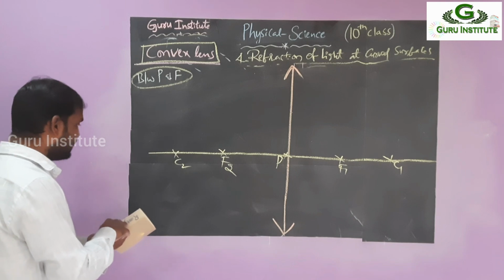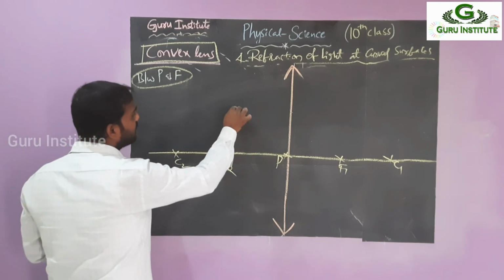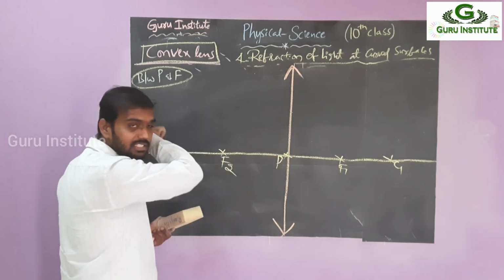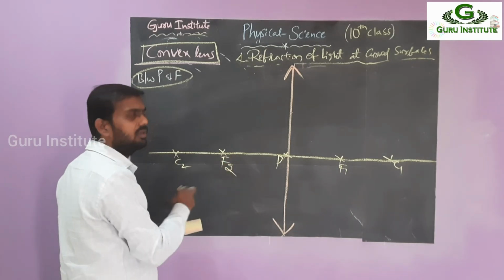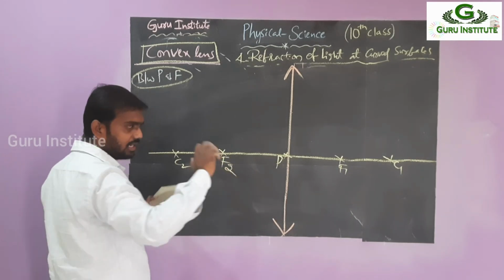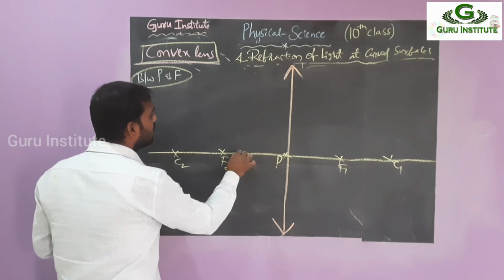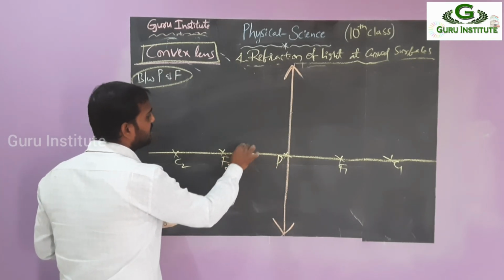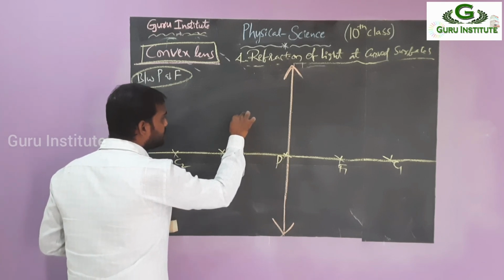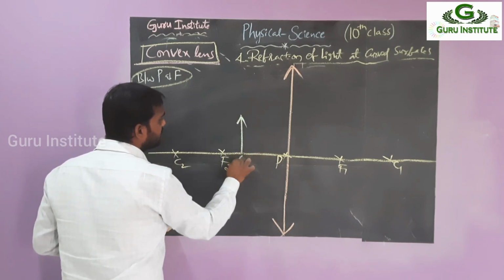Now, what is our topic? Where is our object? Between F and P. For our easy drawing, I am taking it just nearer to the F. You can take it here also, but for a clear picture, you have to take it just far away from the pole. Okay, I am taking here, not here. So this is about the object, right?